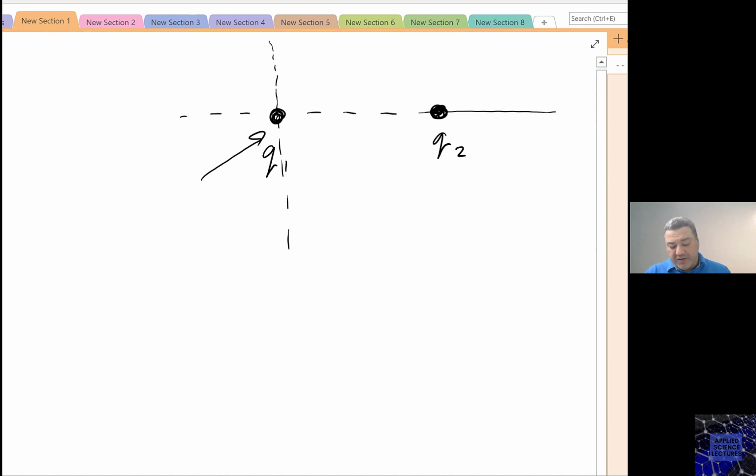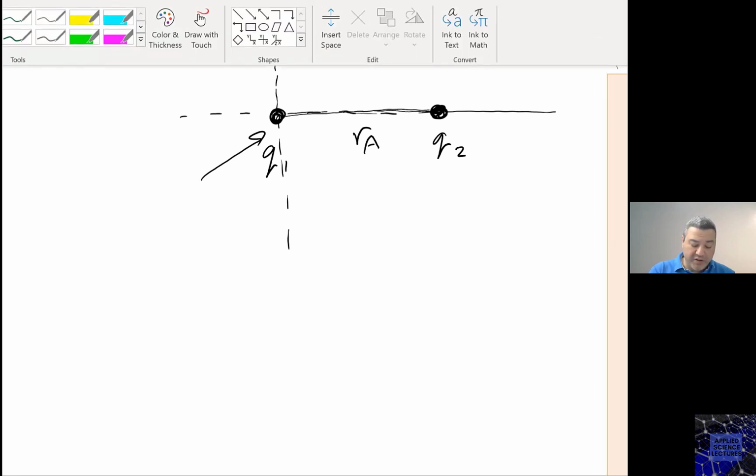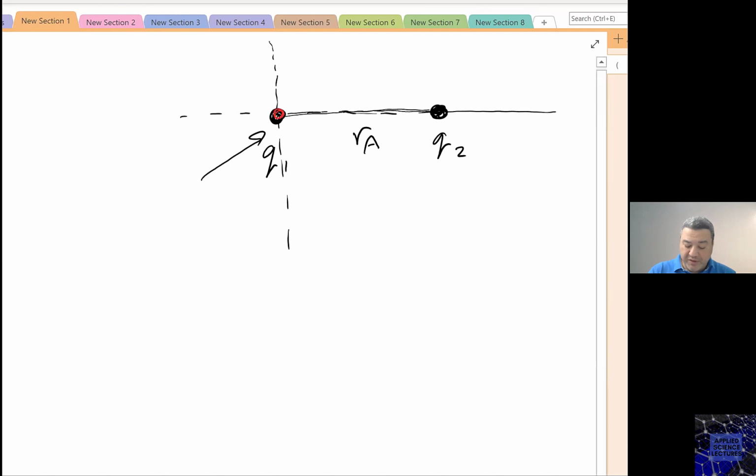Now the distance between them, call this one RA. And once this one moves, due to the applied force, let me draw the force. This is red.